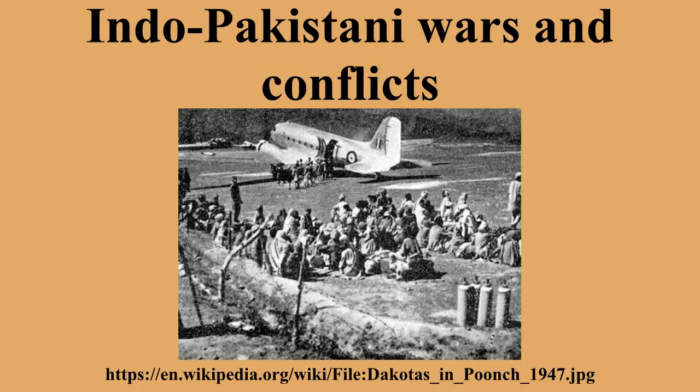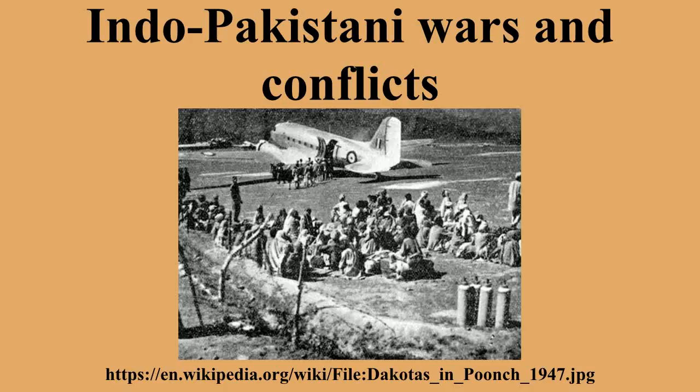Hari Singh. Tribal forces with support from the Army of Pakistan attacked and occupied parts of the princely state, forcing the Maharaja to sign the agreement to the accession of the princely state to the Dominion of India to get Indian military aid. The UN Security Council passed Resolution 47 on the 22nd of April 1948.